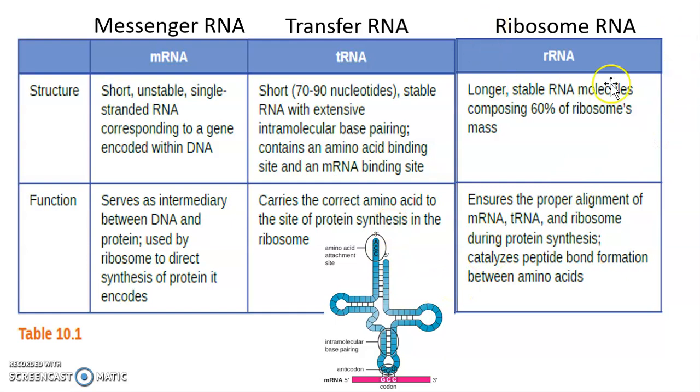But our last major type of RNA that we'll find in cells is known as ribosomal RNA. These guys are going to be a lot longer, a few thousand bases long. And if you were to look at a ribosome, about 60% of this enzyme is actually RNA molecules.